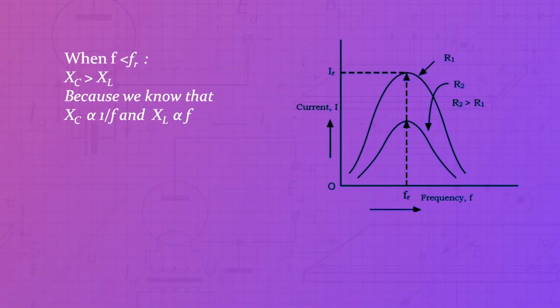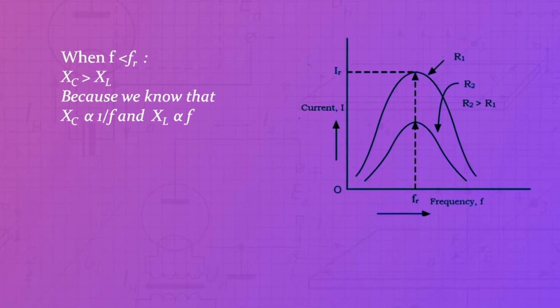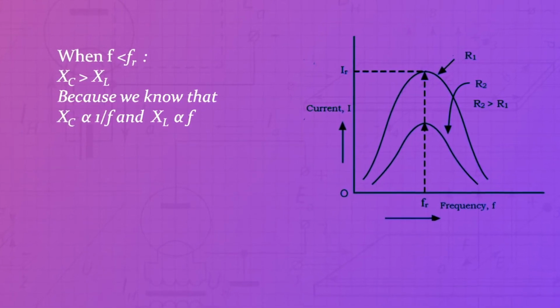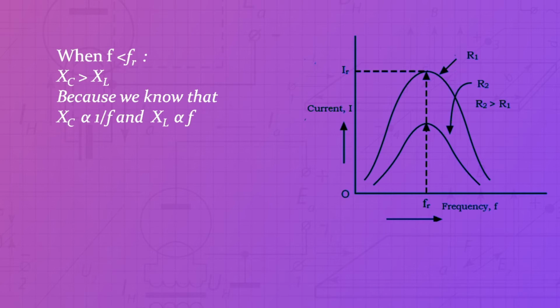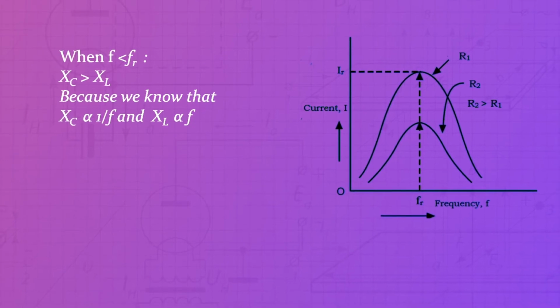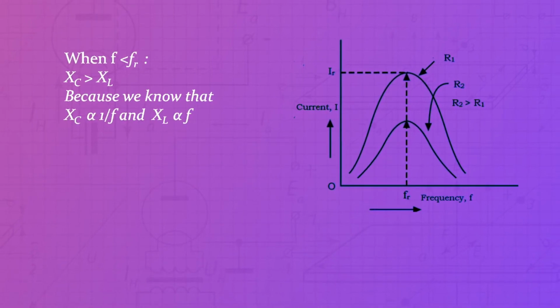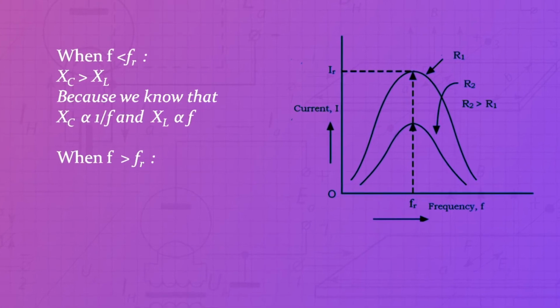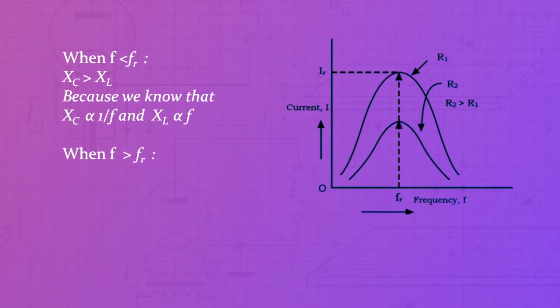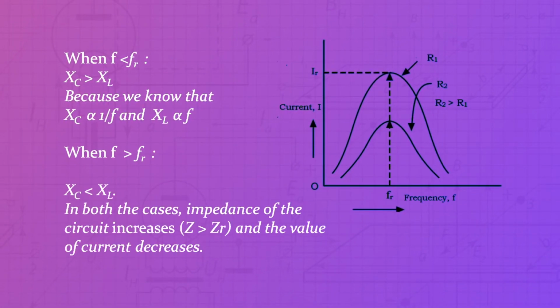It is because when the frequency is lower than the resonance frequency, Xc is greater than XL, because as you know Xc is inversely proportional to the frequency and inductive reactance is directly proportional to the frequency. And when the frequency is higher than the resonant frequency, Xc is less than XL.